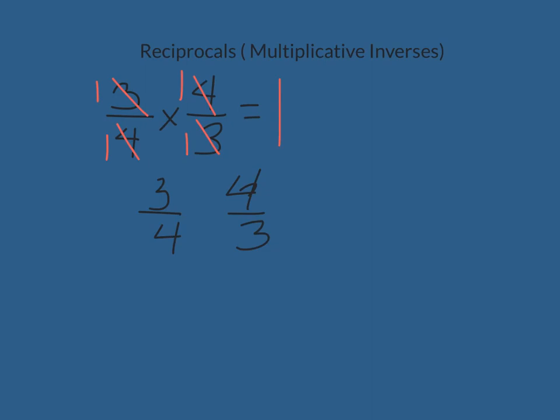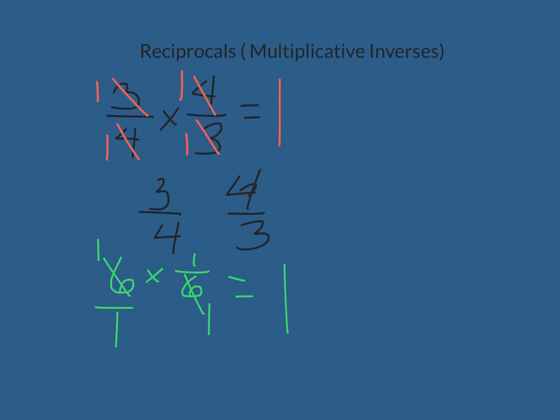We also can show that with 6 times 1/6. If we need to multiply a whole number, we can put it over 1 and that doesn't change its value. Then we can cross these out because they're both divisible by 6. That equals 1. So now we just have 1. All that we were left with is 1s.